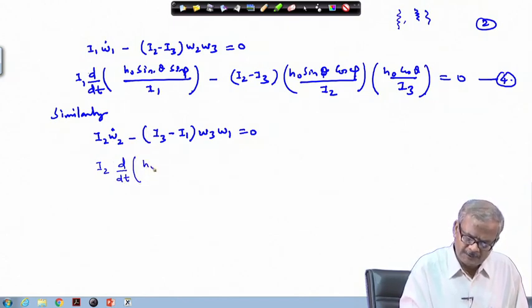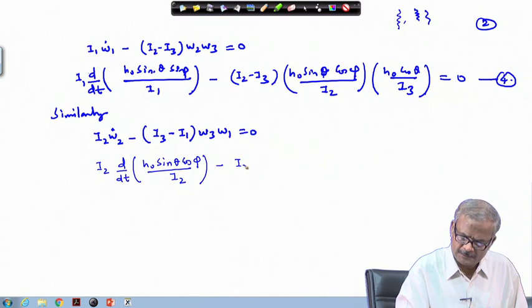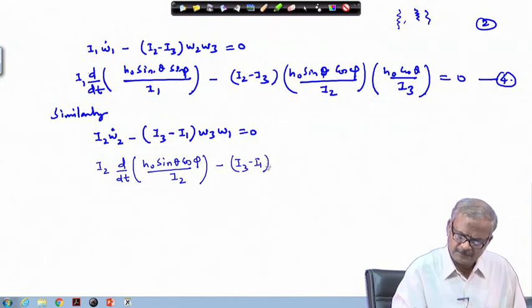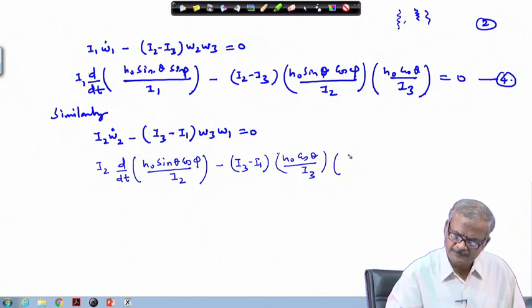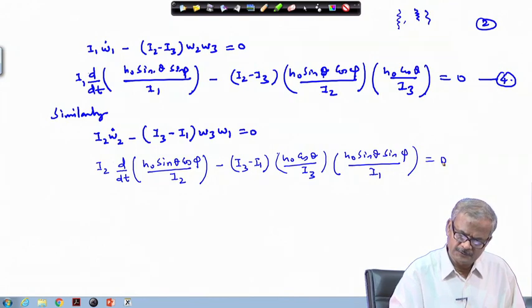So, omega 2 will be H 0 sin theta times cos phi, with I 2 minus I 3 minus I 1, and omega 3 is H 0 cos theta divided by I 3 times omega 1, which is this one, H 0, this equal to 0.